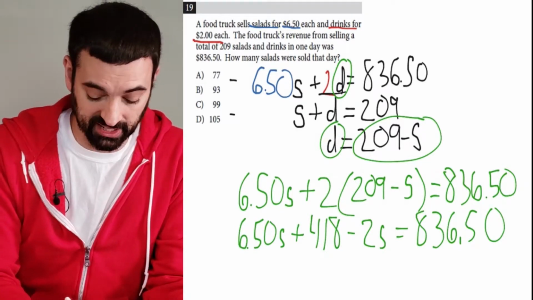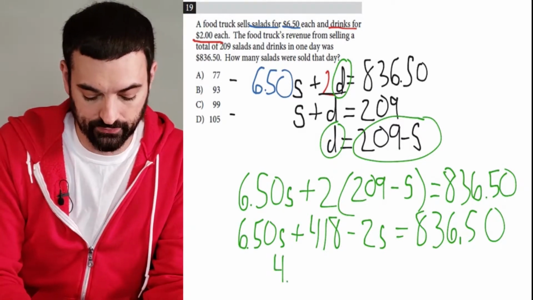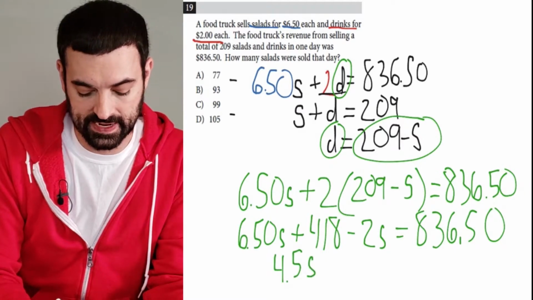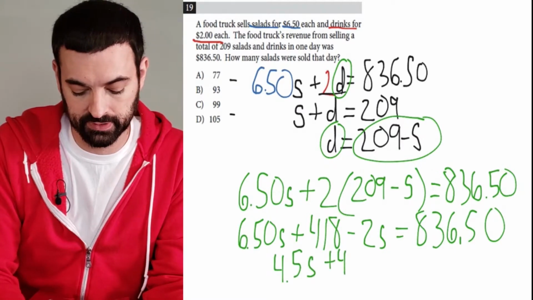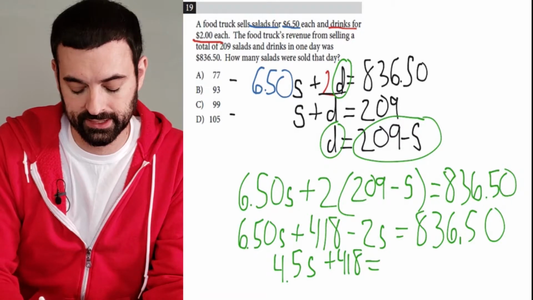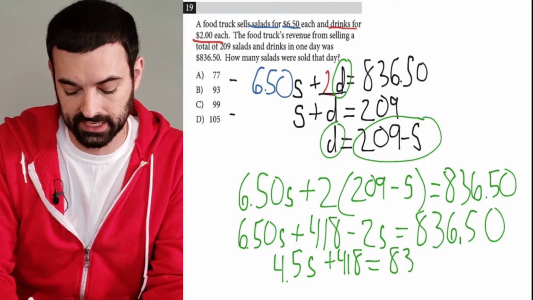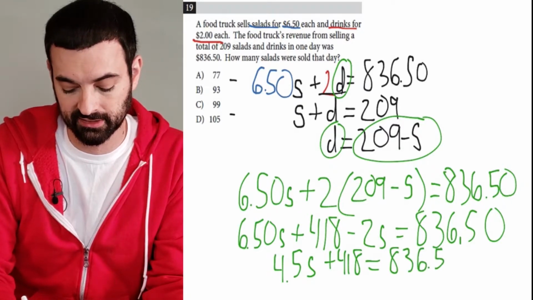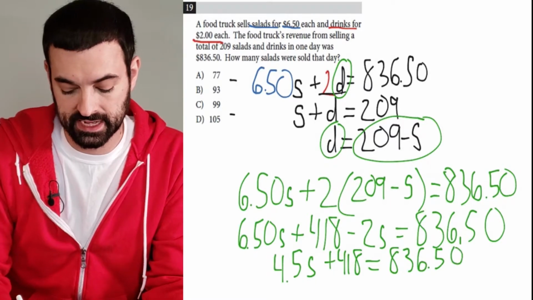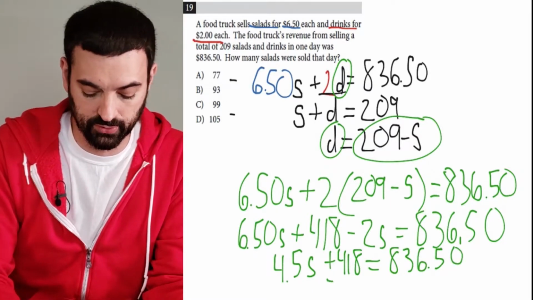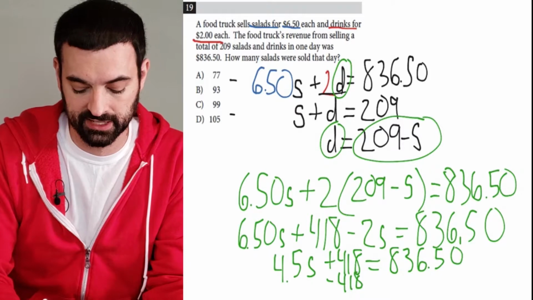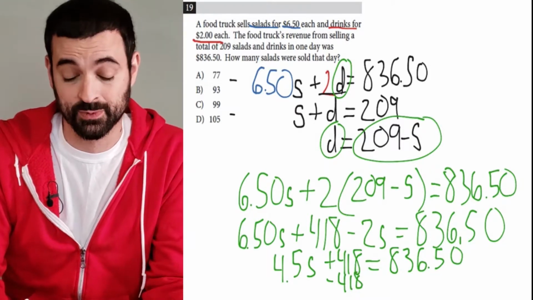And then we simplify a little further. We have 4.5S plus 418 equals 836.5. I'm going to subtract 418 from both sides. And I'm just doing algebra at this point.